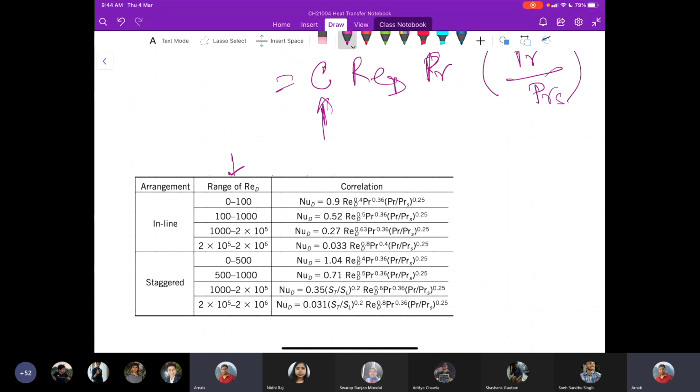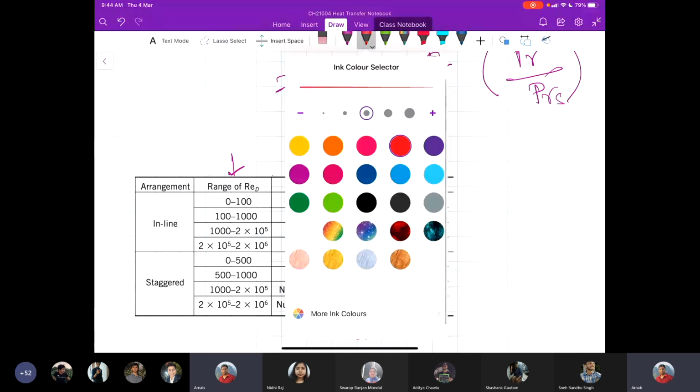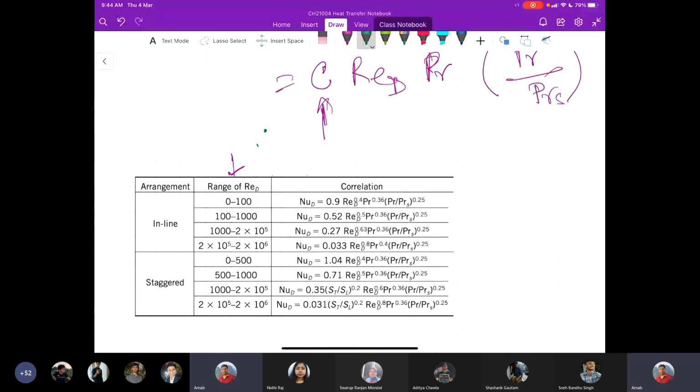The Prandtl number range for such a relation is 0.7 to 500. And this particular table is valid when the number of tubes in the tube bank is N greater than 16.